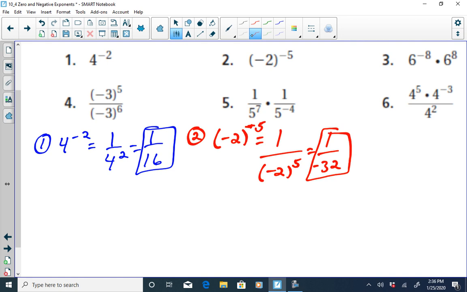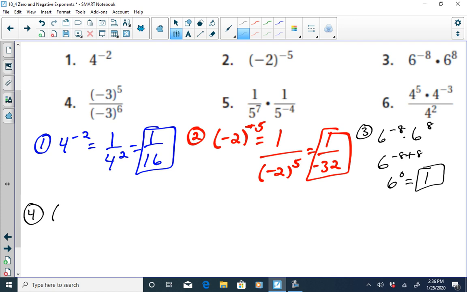Right, this third one, problem 3, we have 6 to the negative 8 times 6 to the 8. Right, that's the same as 6 to the negative 8 plus 8, which is the same as 6 to the 0, and anything to the 0 power is going to be equal to 1.